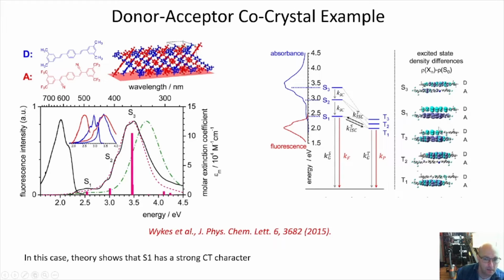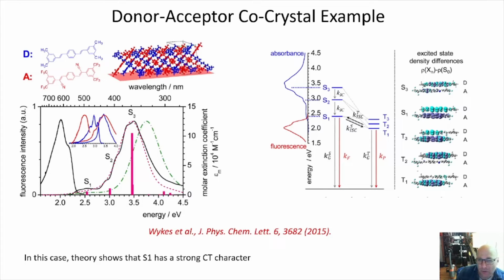And so by theoretical calculation, there's clear evidence that S1 and T3 are CT in character. So S1 there refers to spin singlet, and T3 refers to triplet. But it's the third triplet, evidently. Okay, so that's one way that this can happen.